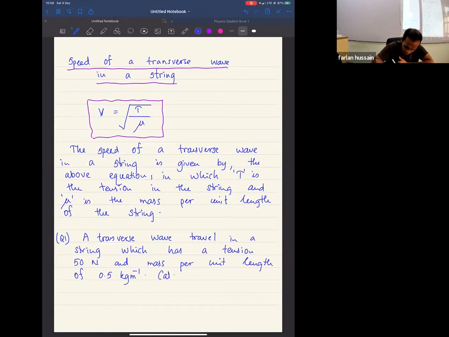Calculate the speed of the wave. Can you?